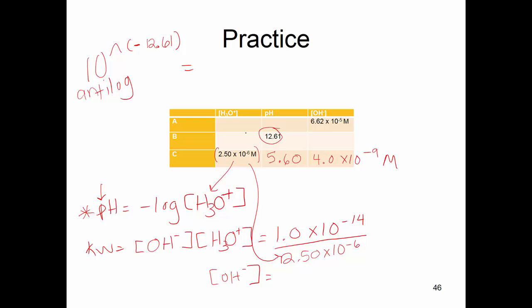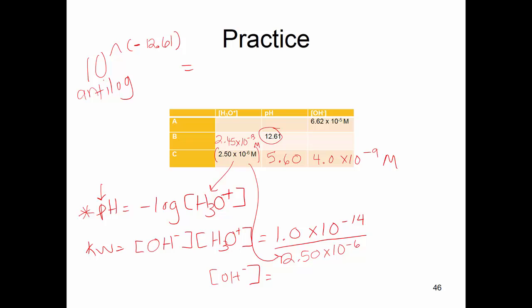Our answer should be 2.45 times 10 to the negative 13. I'm going to check my answer one more time while you're plugging yours in. That seems correct.